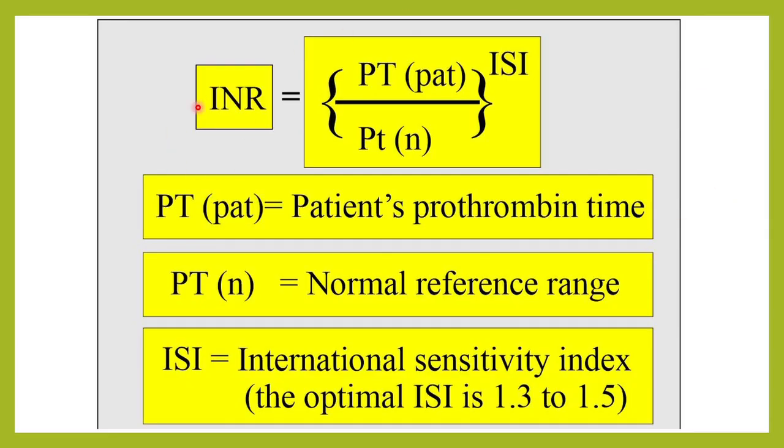When I say INR, it is the patient's PT divided by the mean normal PT, raised to ISI. The mean normal PT you will be calculating by taking an average, and then the ISI which I have told you in the last slide.